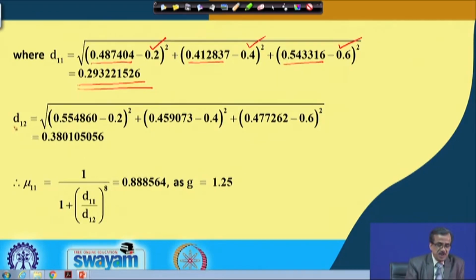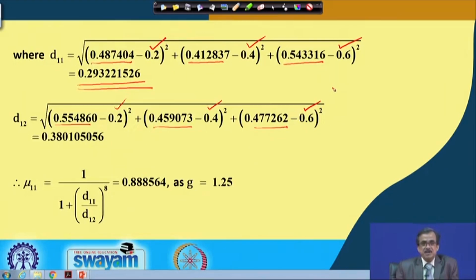Following the same procedure, I can also find out d12, which is the square root of the difference between the first data point and the second cluster center. This is the dimension of the second cluster center, this minus 0.2 square, this minus 0.4 square, this minus 0.6 square, and these 0.2, 0.4, 0.6 are the coordinates of the first data point out of those 10 data points.